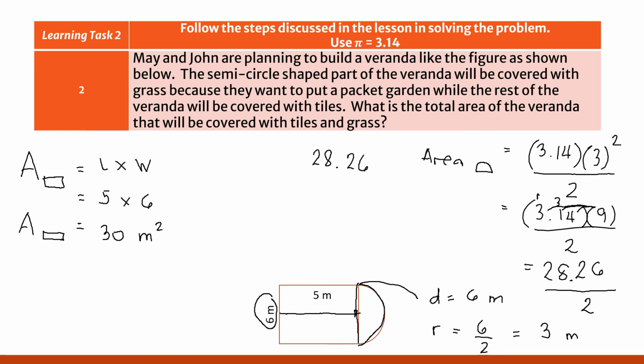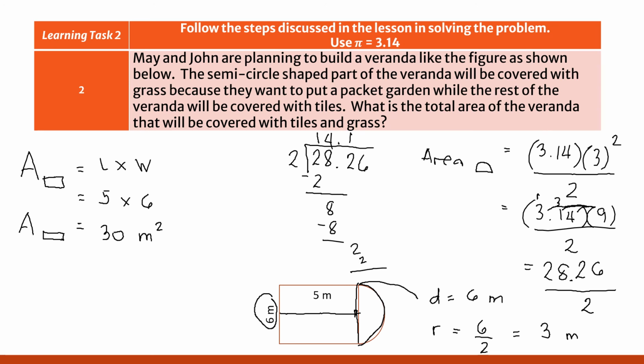28.26 divided by 2. So, at first, we have 2 divided by 2. It is 1. 1 times 2 is 2. Subtract 2 from 2. Of course, the difference is 0. Bring down 8. 8 divided by 2 is 4. 4 times 2 is 8. 8 minus 8 is 0, then bring down 2. Put a decimal point. Then 2 divided by 2 is 1, and 1 times 2 is 2.